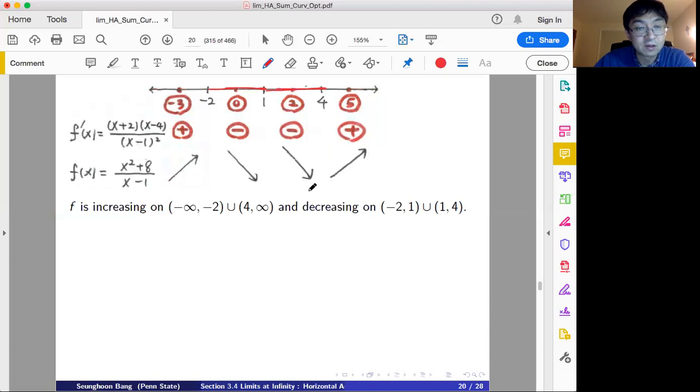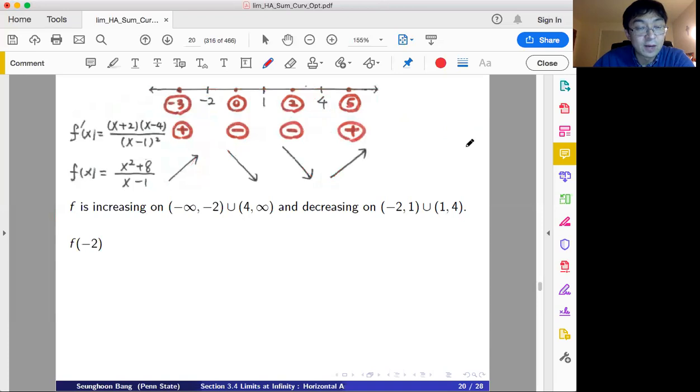So do we have a local maximum? Yes, a local maximum at negative 2, where the graph is increasing then decreasing. Do we have a local minimum? Yes, at 4. Because negative 2 and 4 are in the domain. This is the reason. What's the domain? The domain is negative infinity to 1, and 1 to infinity. Negative 2 is in the domain, and 4 is in the domain.